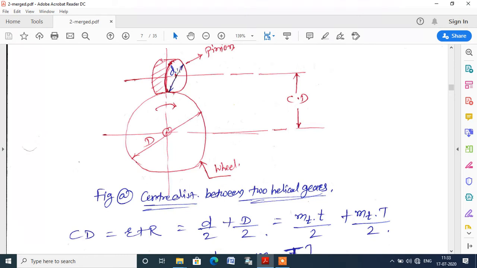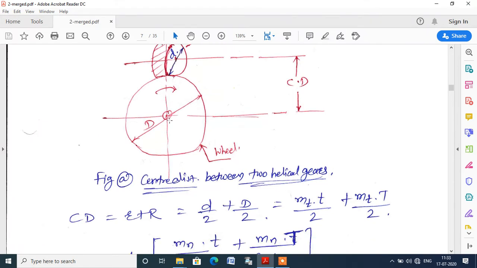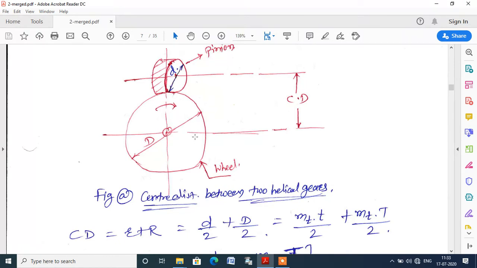Let us say small r is the radius of the pinion and capital R is the radius of the gear wheel. So the center distance equals small r plus capital R. Radius is nothing but diameter divided by 2, so it is small d divided by 2 plus capital D divided by 2.